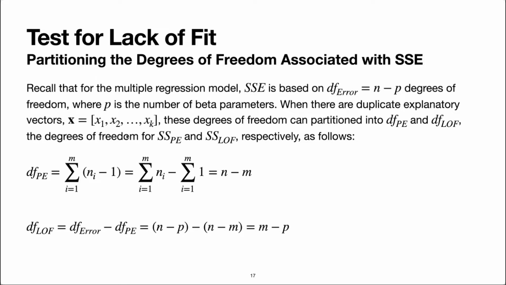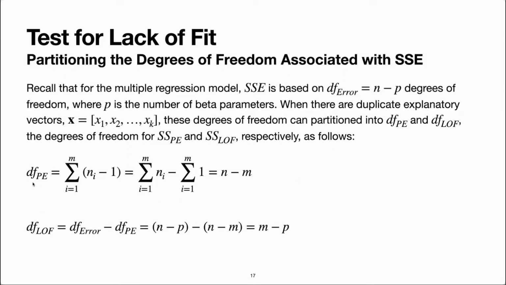So as long as we've got duplicate explanatory vectors, then these degrees of freedom, n minus p, can be partitioned again into degrees of freedom associated with pure error and degrees of freedom associated with lack of fit. And those would correspond to the degrees of freedom associated with the sum of squares for pure error and the sum of squares for lack of fit, respectively.